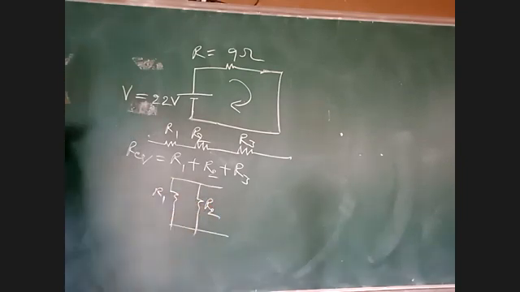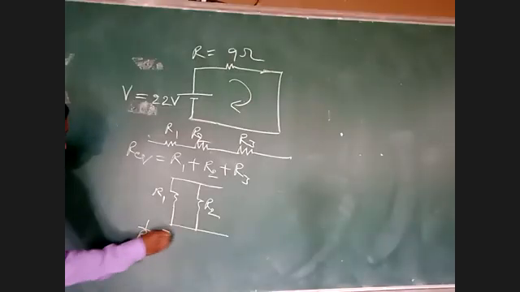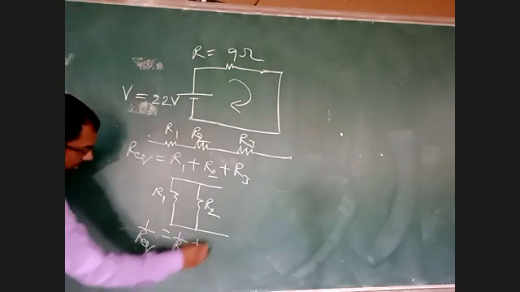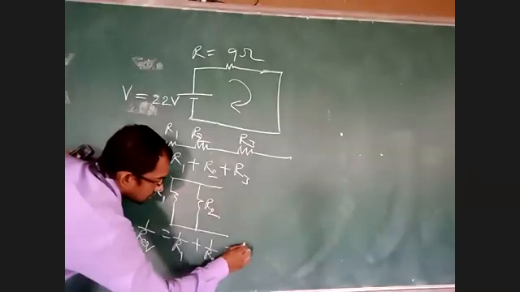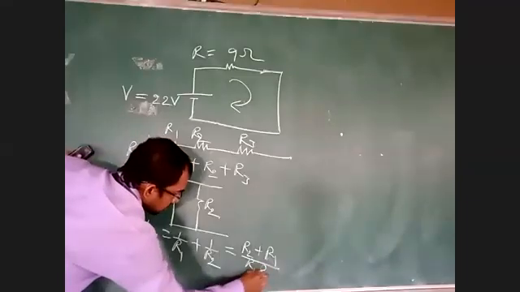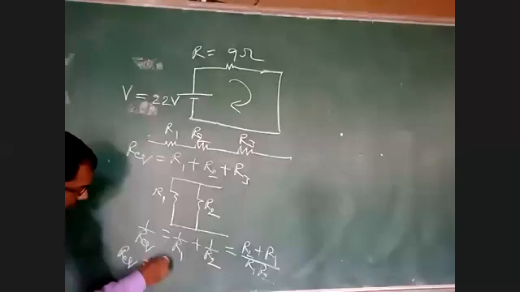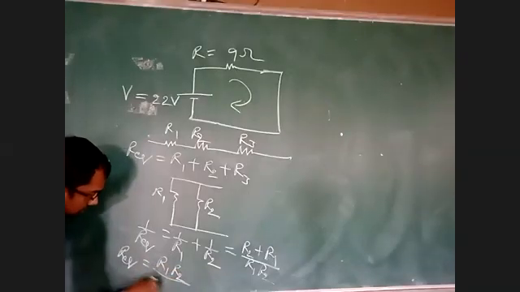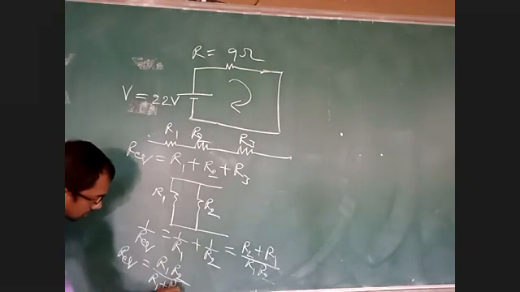Now resistance is in parallel. Suppose R1 and R2 are in parallel, what is the equivalent resistance? 1 by R equivalent is equal to 1 by R1 plus 1 by R2. 1 by R is equal to R1 plus R2 by R1 into R2. Now R equivalent is equal to R1 R2 by R1 plus R2.